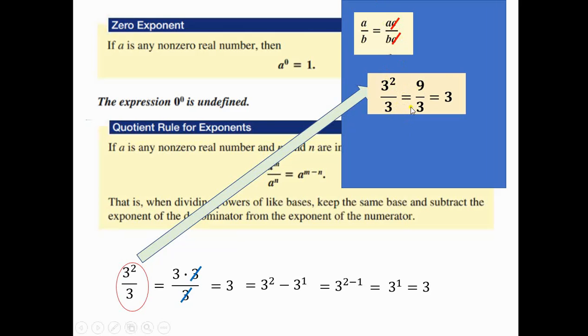So we keep the 3 in the denominator. 9 divided by 3 is 3. So our quotient rule holds based upon everything that we know about mathematics so far.